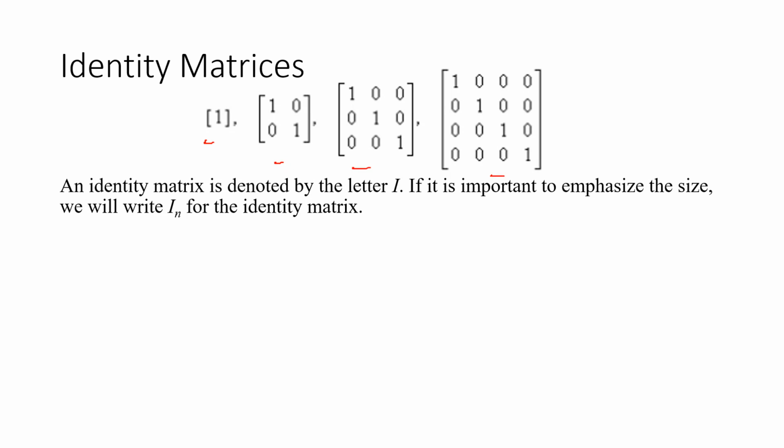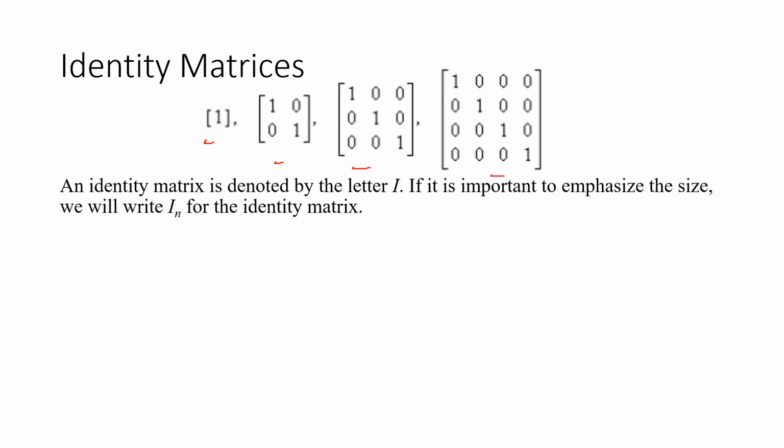An identity matrix is denoted by the letter I, italic I. If it is important to emphasize the size, we will write I sub n for the identity matrix.